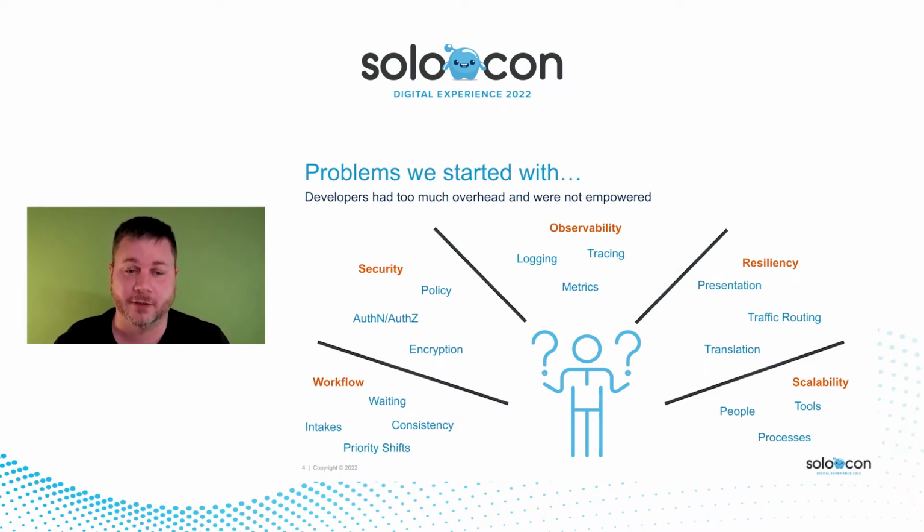Some of the most disturbing was that 25% of developer time was spent on non-functional requirements. That's a lot of time spent not writing code. But even more disturbing was that we discovered 75% of production issues were due to networking and configuration problems. Let that sink in for a second.